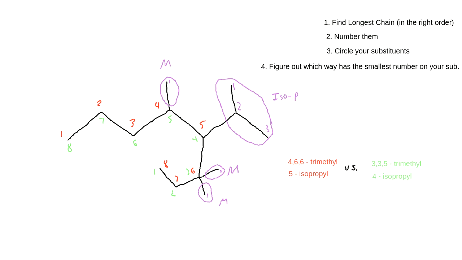So it is not dimethyl, and I can see why you would think that. I repeated 6 twice because we have 2 methyl groups on 6. There's a methyl here, there's a methyl here as well. That's why I repeated 3 also.